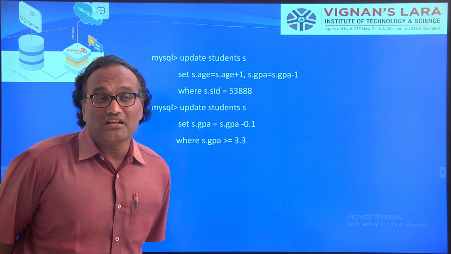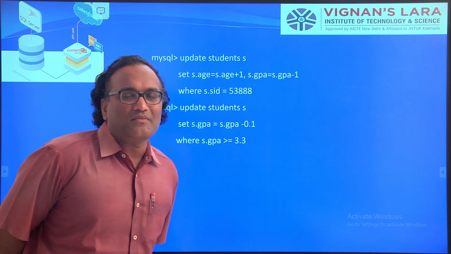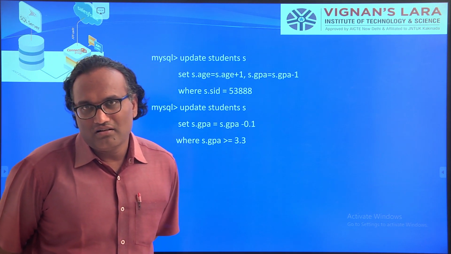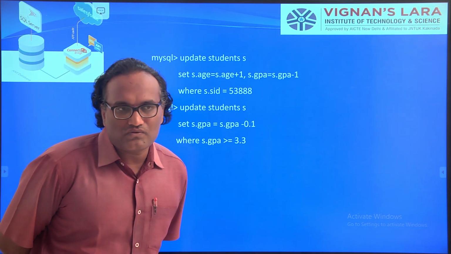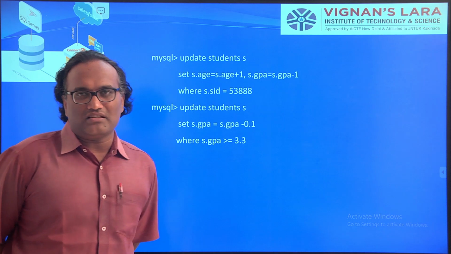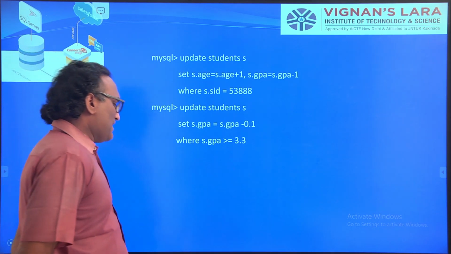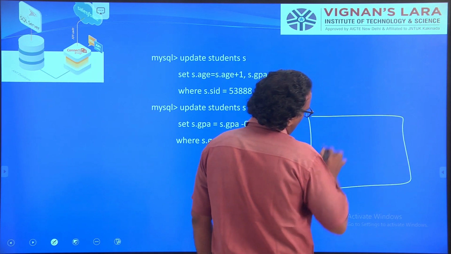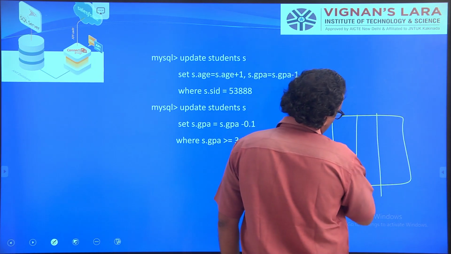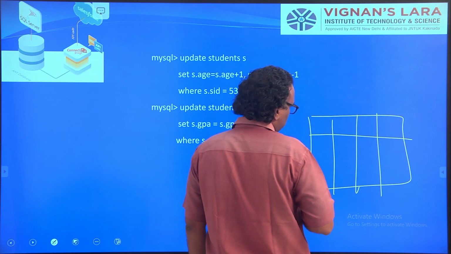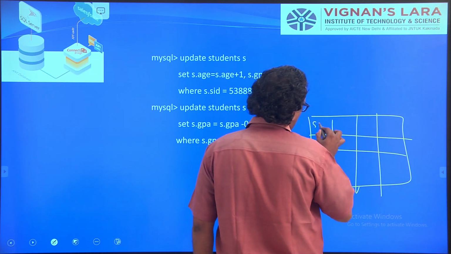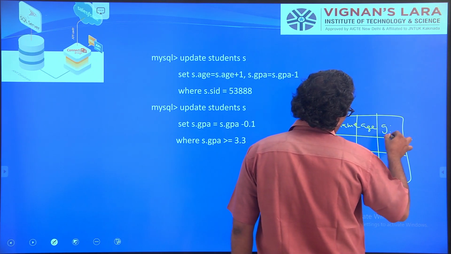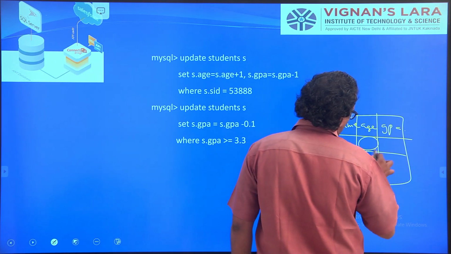We have also seen how to get the information of a table, like the select command, select star from students. Now my question is, if you have a table like this with SID, name, age, GPA, I want to update this particular portion.